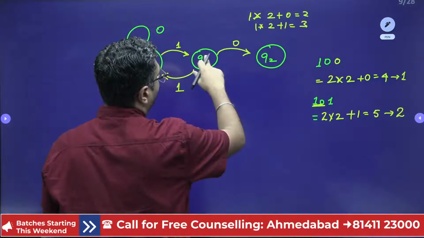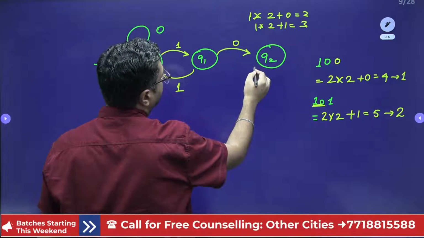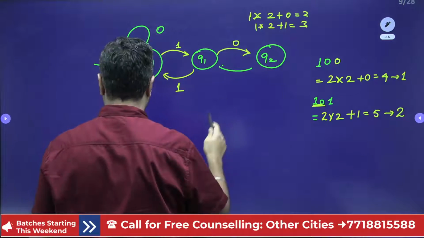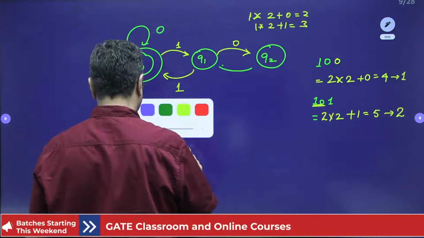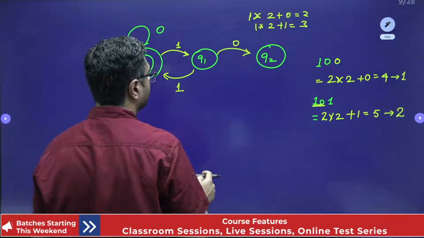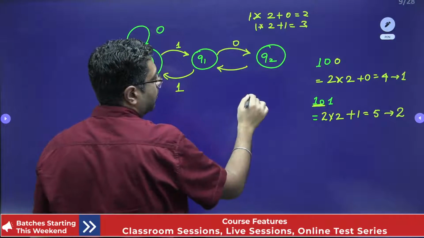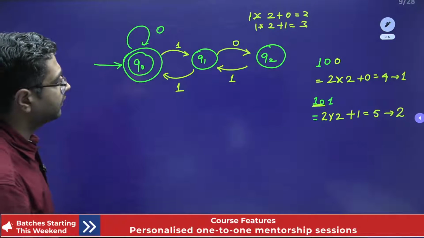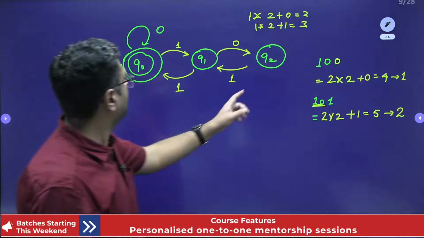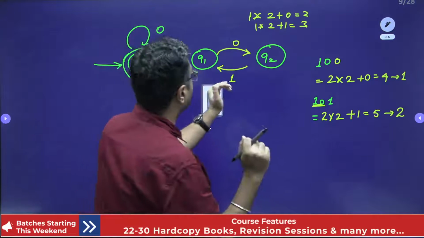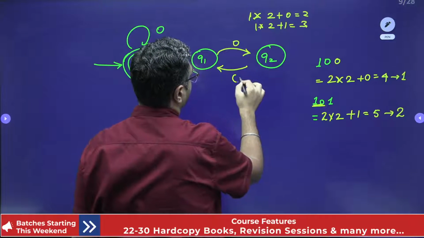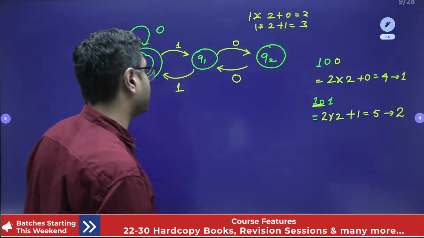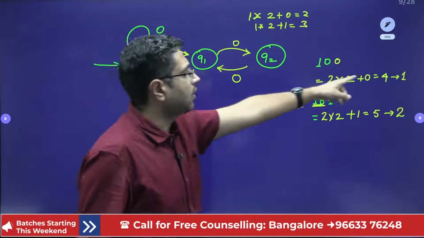Let's see 1 0 0. 1 0 0 should give you the remainder of 1, so I will come here. 4 is giving you the remainder of 1.